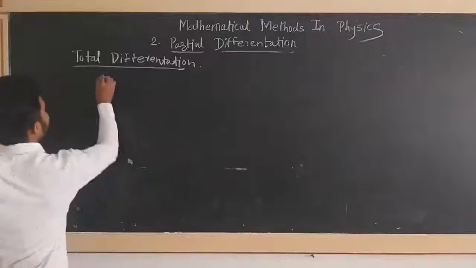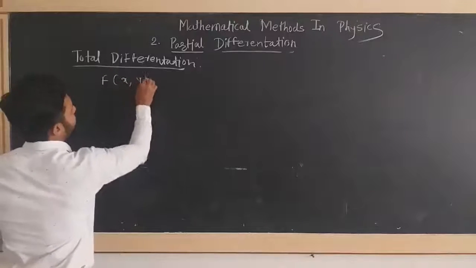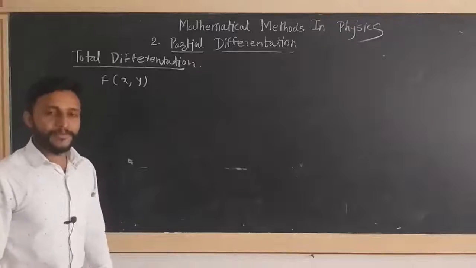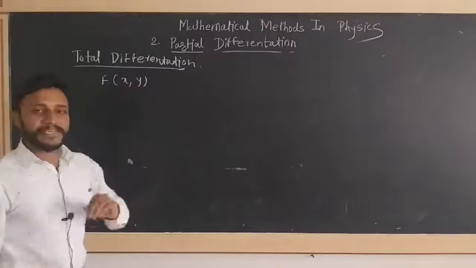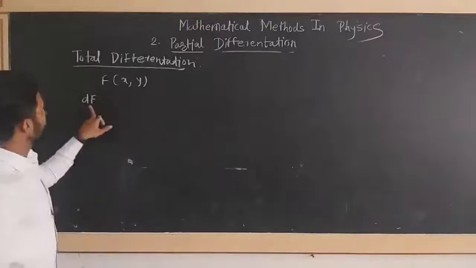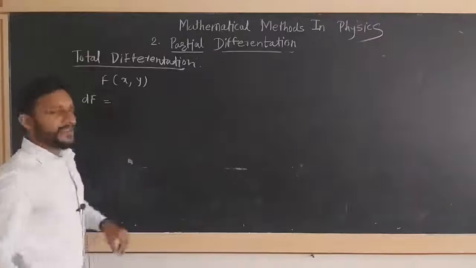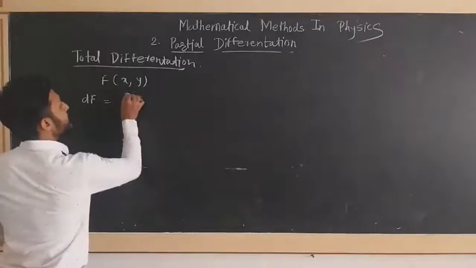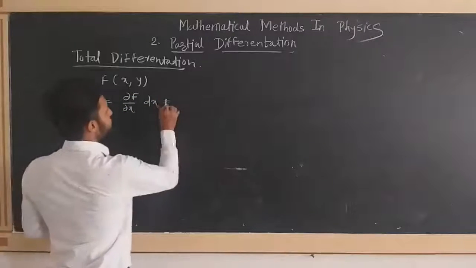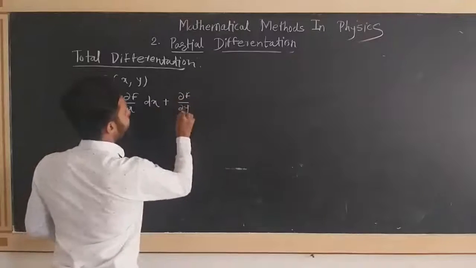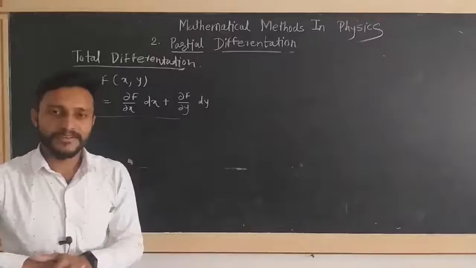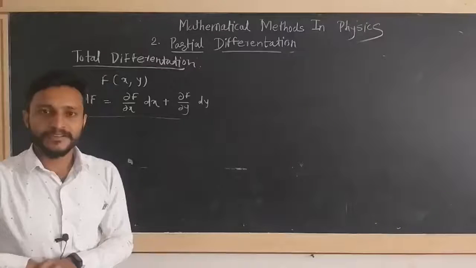So the formula for that: if f is a function of x and y, and the function depends on both variables, changing with respect to x and y simultaneously, then we use total differentiation denoted by df, which is equal to, again using partial differentiation, ∂f/∂x dx + ∂f/∂y dy. The simple proof I have given in your textbook, you can go and use.